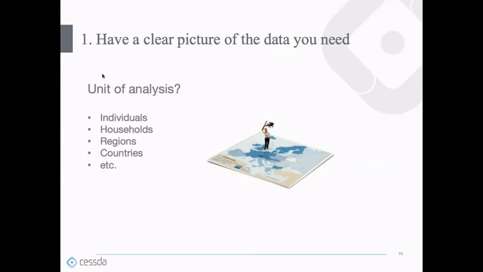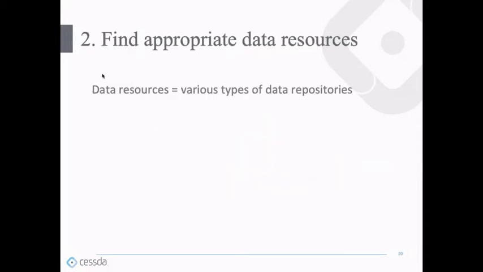Individuals, households, regions, or countries. And you must also know what geographical area you want to cover. A specific country, specific region, all EU countries, or as many countries as possible. There are many options. We have just described the first phase of the data discovery process. At this point, you should have a picture about what data you want to look for.